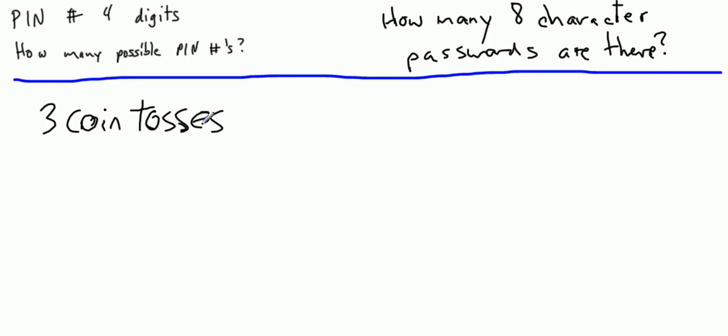And we're going to talk about a coin that can come up either heads or tails on the first toss. So if we flipped one coin, that one coin would have 2 possible results.